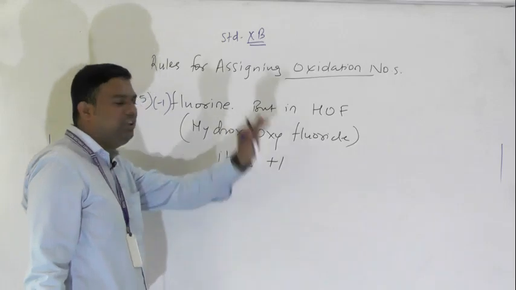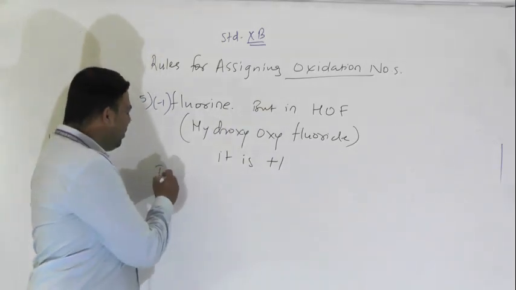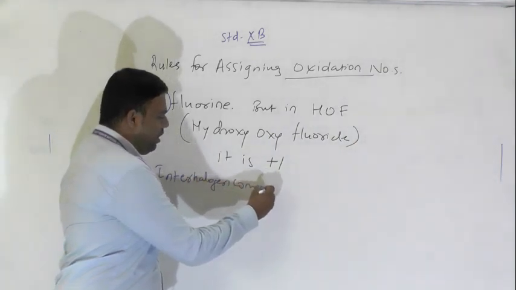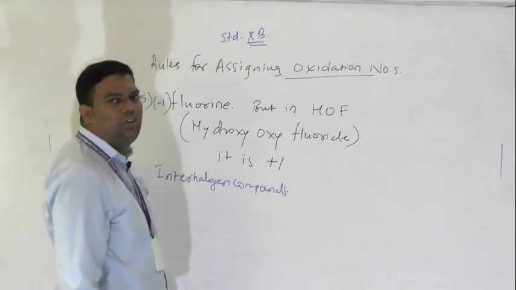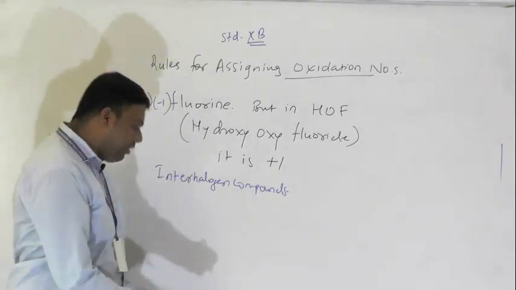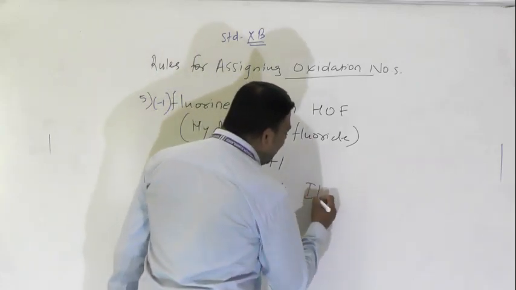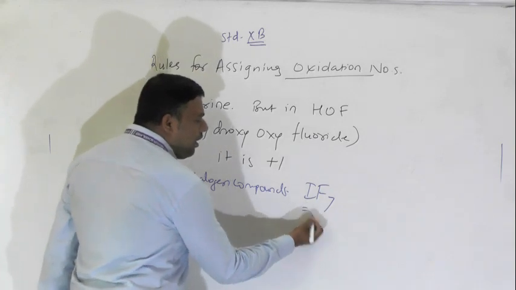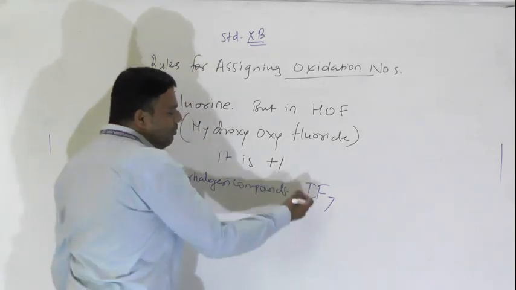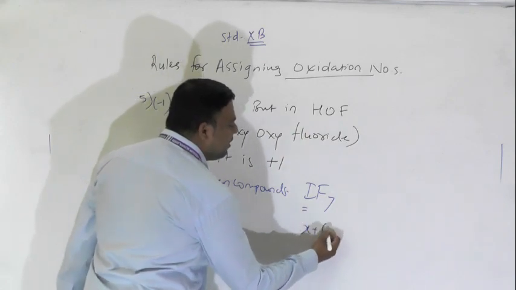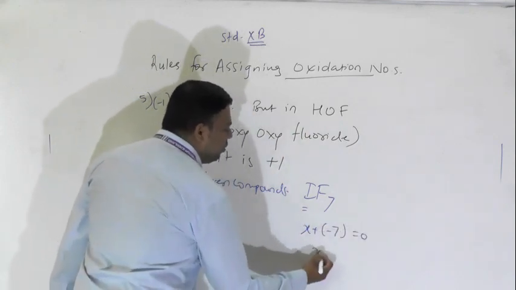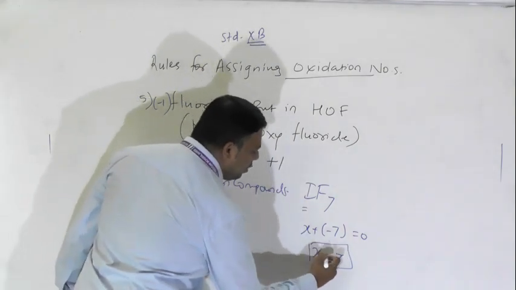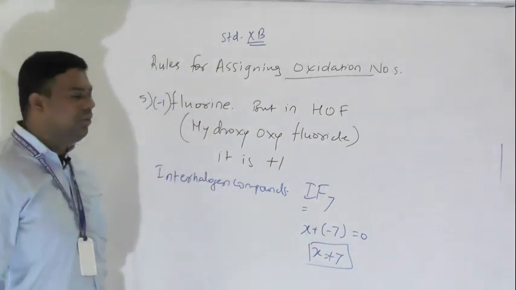We will see some interhalogen compounds as examples: IF7, iodine heptafluoride. You have to calculate the oxidation number of iodine. So X plus -7 is equal to 0, so X is equal to +7. Understood?